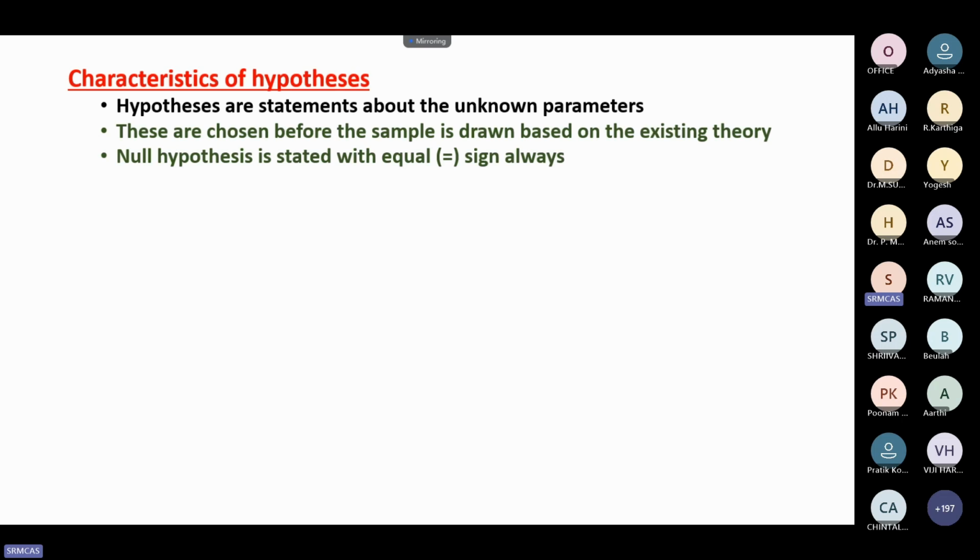So this is a theory, and based on the theory we usually choose the hypotheses, both null and alternative. The null hypothesis is always stated with the equal sign, as seen previously. The alternative hypothesis is always stated with an inequality condition.